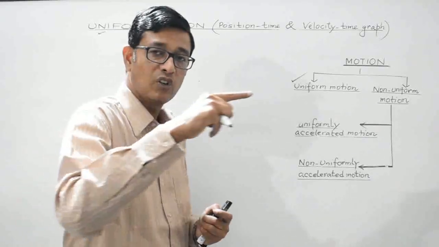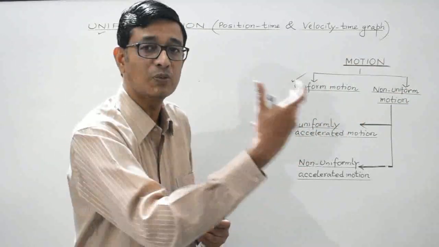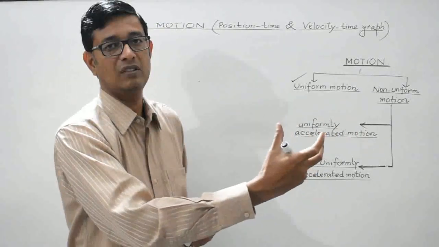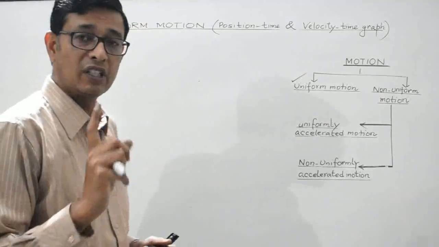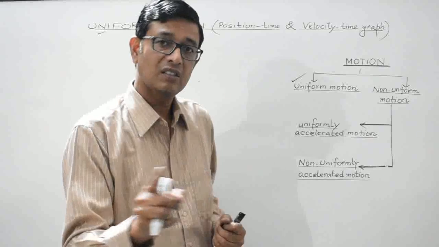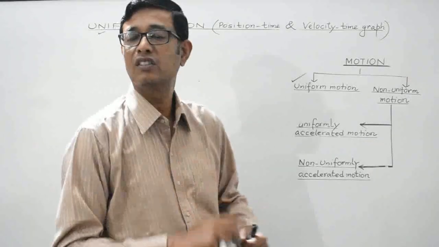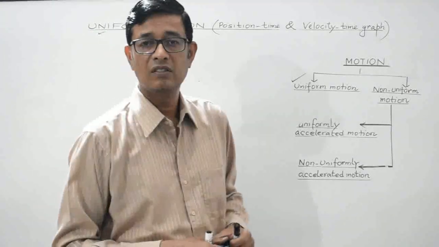When a body moves along a straight path, the distance of a body is equal to its displacement. So, equal distances or equal displacements. That's why I have used the term or, right? So whenever a body covers equal distances or equal displacements in equal intervals of time, then it is the case of uniform motion.